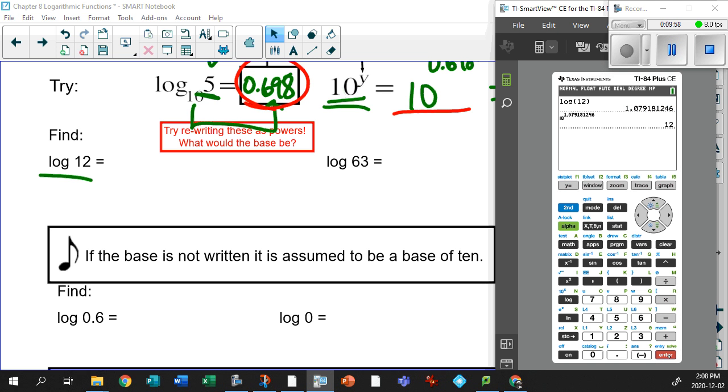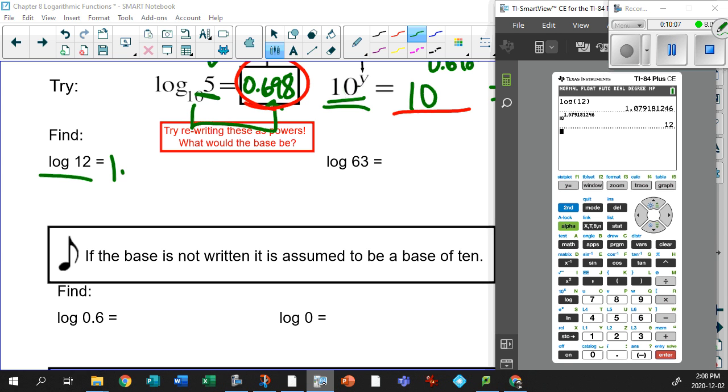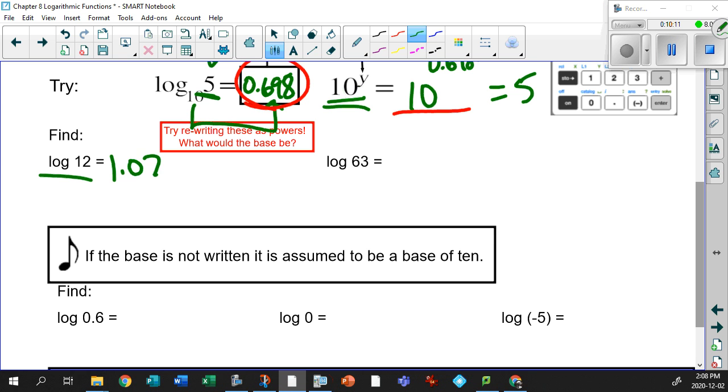Well, I do. Look at that. Isn't that just incredible? Your answer is 1.079. But if I did the opposite and did 10 to the power of this, it gives me 12 back.